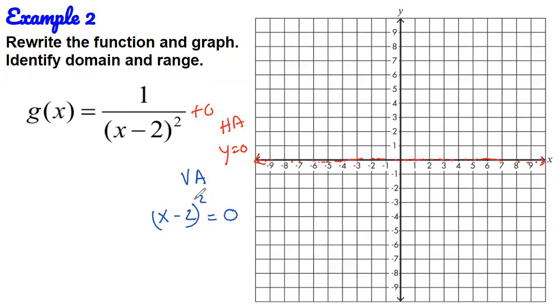So how do we do the inverse of a square? Square root. So we have x minus 2 equals the square root of 0, which would be 0. So therefore, we have to now add 2. This goes to 0, and we're left with x equals positive 2.